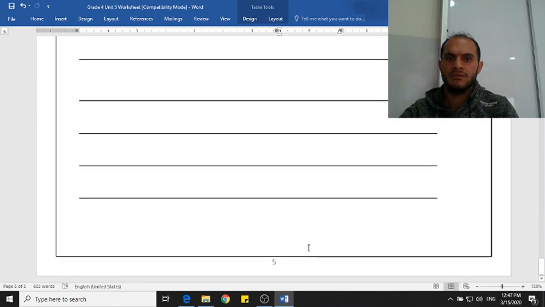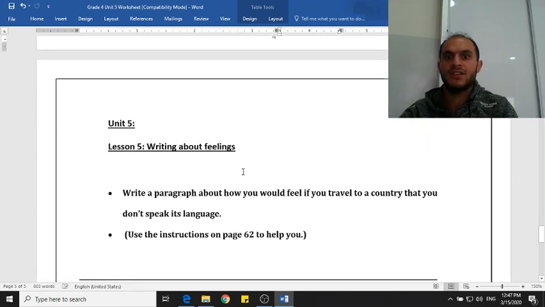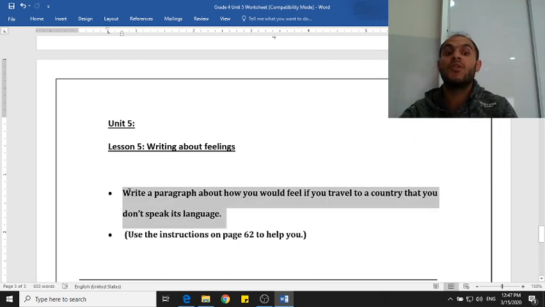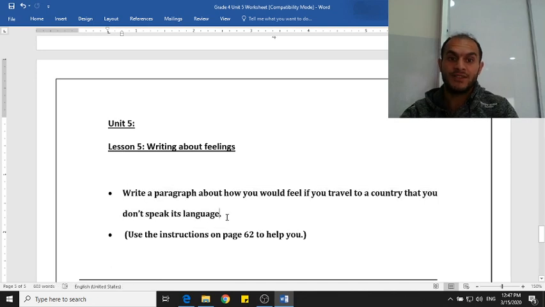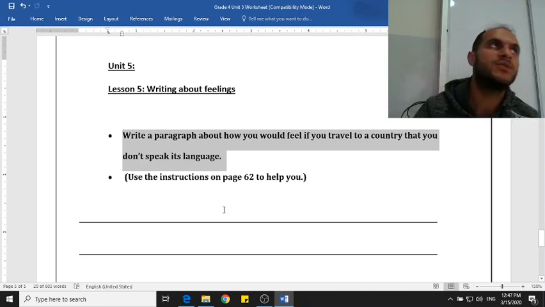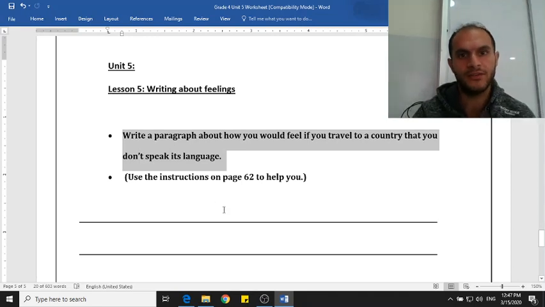The last one is about your feelings. Imagine that you went to a country that doesn't speak your language. Write a paragraph or two about how you feel in that country. Make sure you use strong words. If you remember our exercises, we exercised with strong adjectives. In the workbook, we exercised with powerful verbs and powerful adjectives.